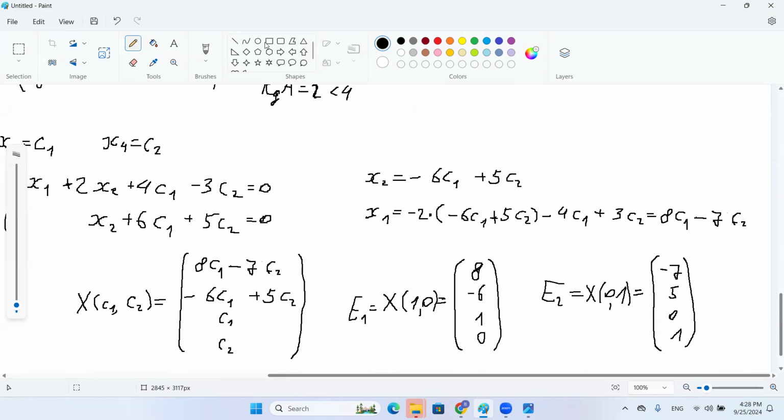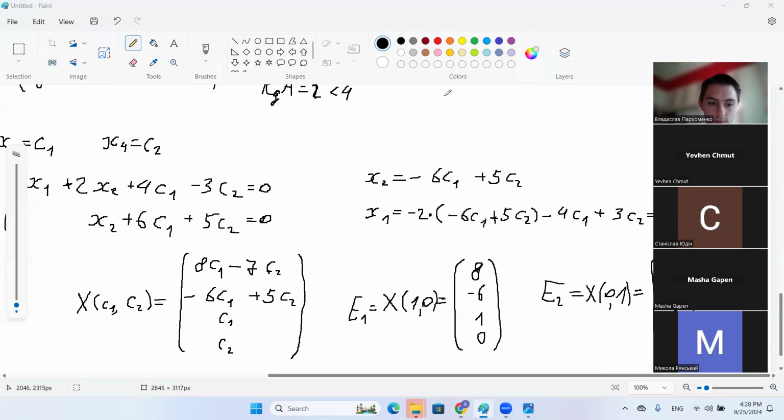So if you see this paragraph, the fundamental system of solutions, where I'm holding my finger.